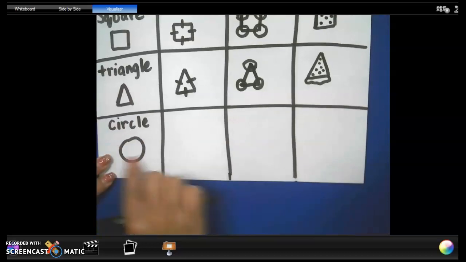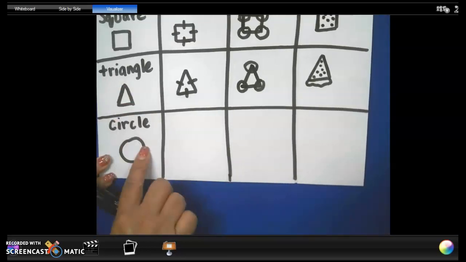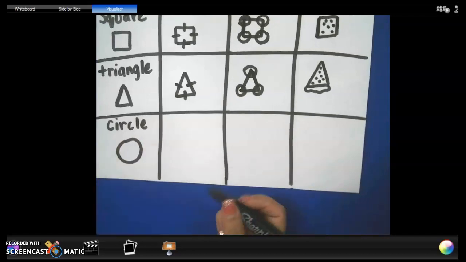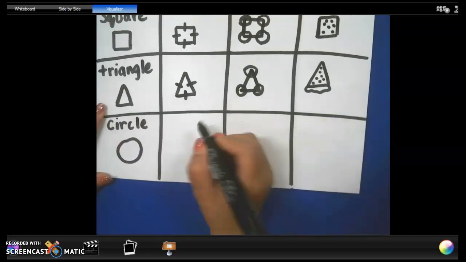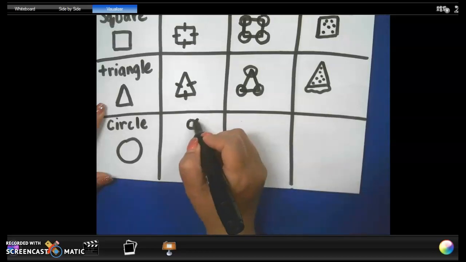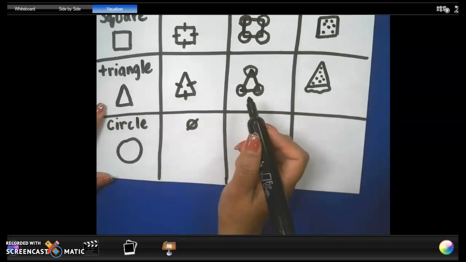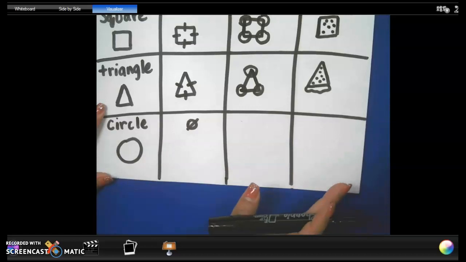See, it doesn't have any lines to it. So the circle has zero sides. And I like to make my zeros like this, so I'm not confused with an O or a circle. That to me means zero. So that means the circle has no sides.